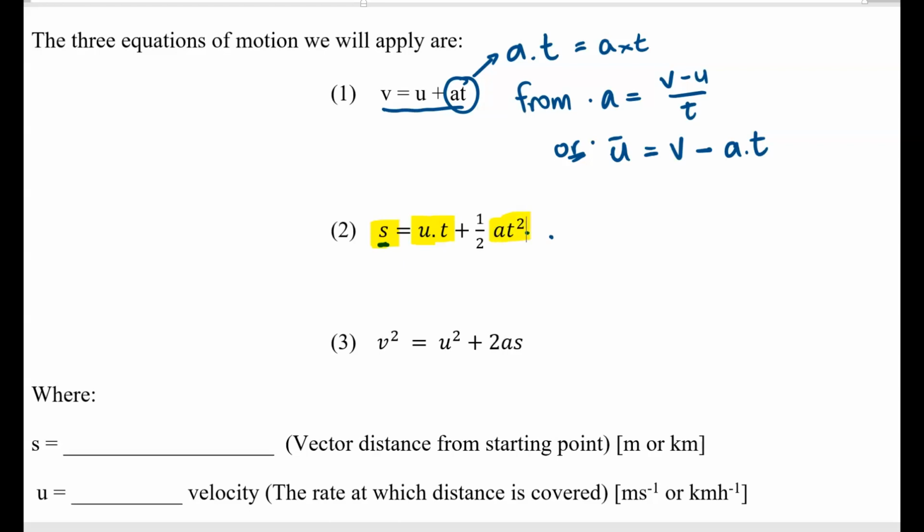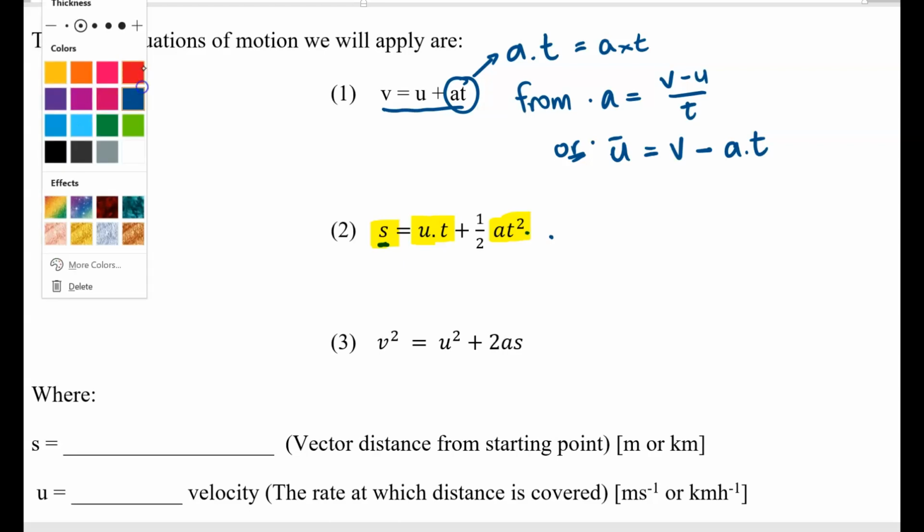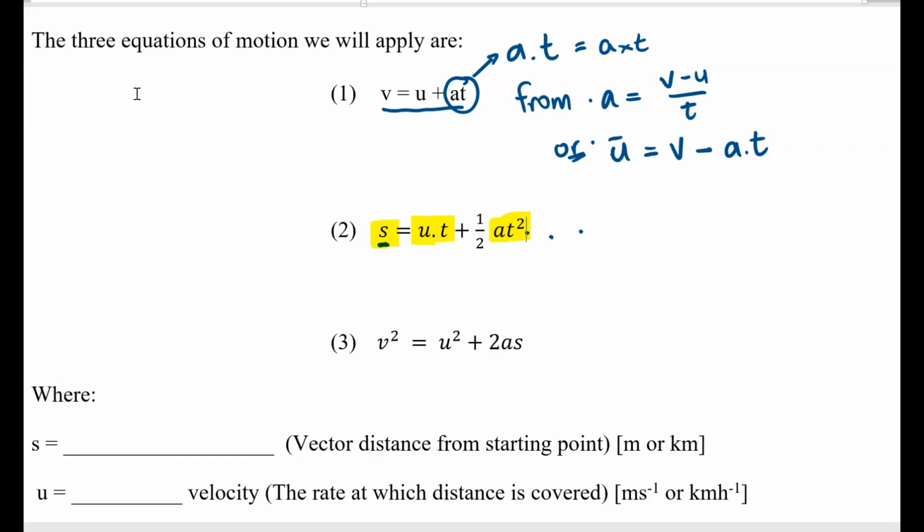Now, a very useful tweak, a rearrangement of that, is the fact that if our initial velocity is 0, then we can get rid of that term, and we just say S is a half a t squared, or sometimes you'll see it written a times t squared on 2.